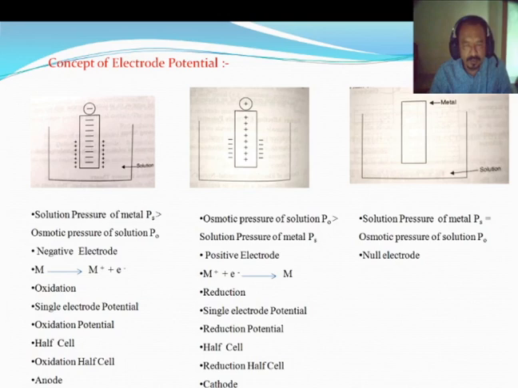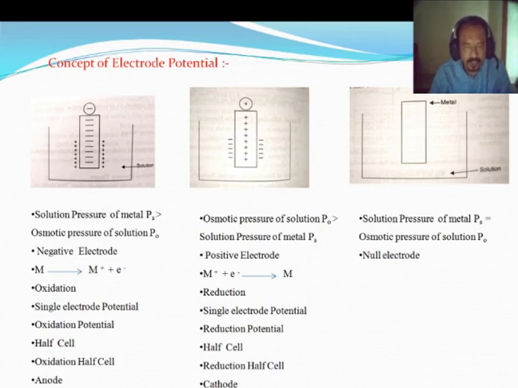At that time, what happens? The metal ions from the solution take electrons from the metal rod and get deposited. That number is more, that's why that electrode gets a positive charge and the solution gets a negative charge.